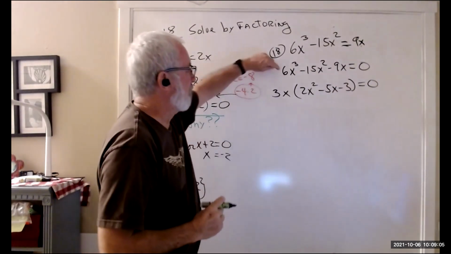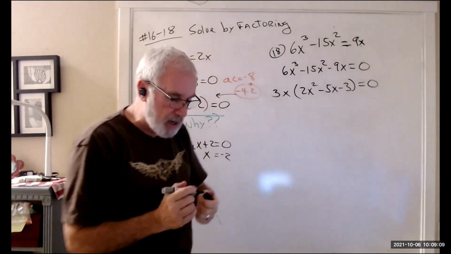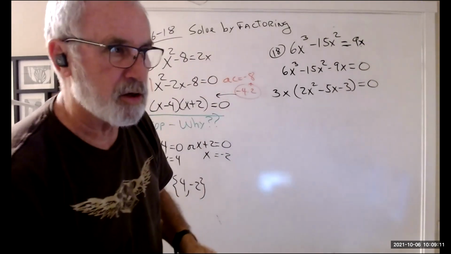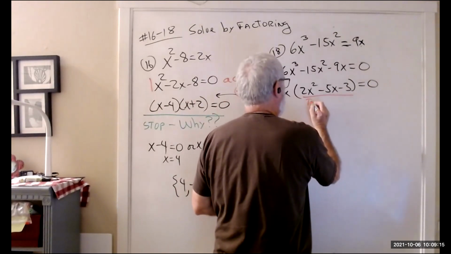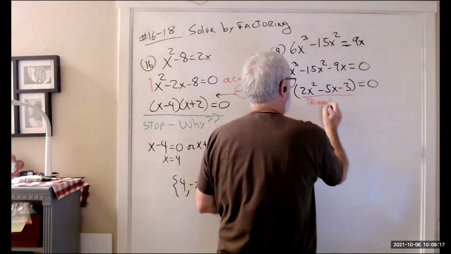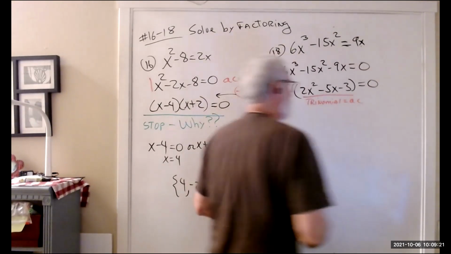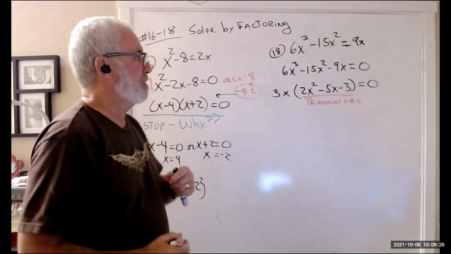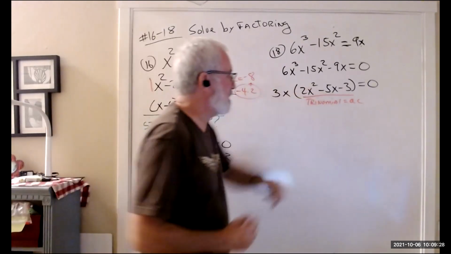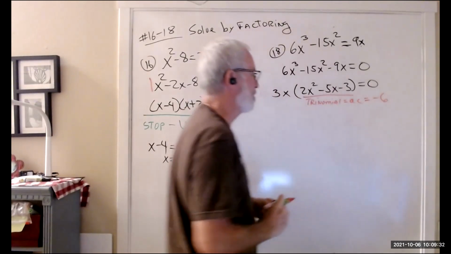So the first type of factoring was what did they have in common? They had a 3x. But you weren't done because this is a trinomial. And so we're going to use the AC method on it. The AC here is -6.